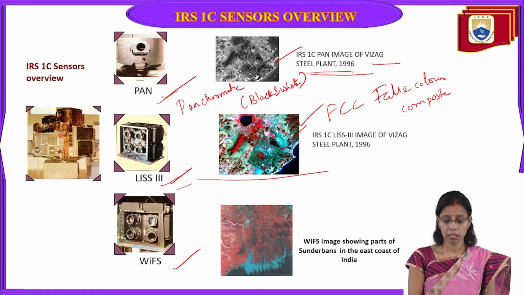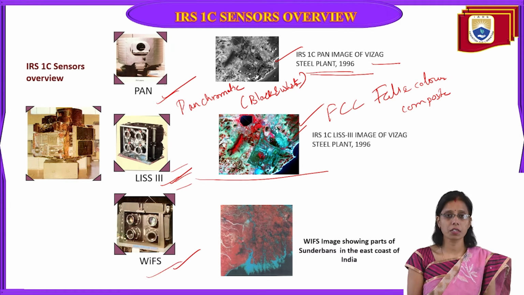So this is LISS-3 data. We have LISS-1, 2, 3, even LISS-4, which give you information in single band, 2 bands, 3 bands, 4 bands. LISS-3 gives you information in 3 bands, that is red, blue, green. All this we'll discuss in detail in the coming topics.